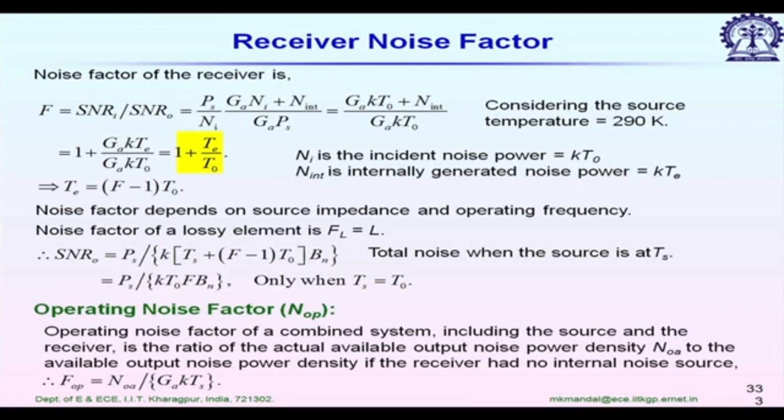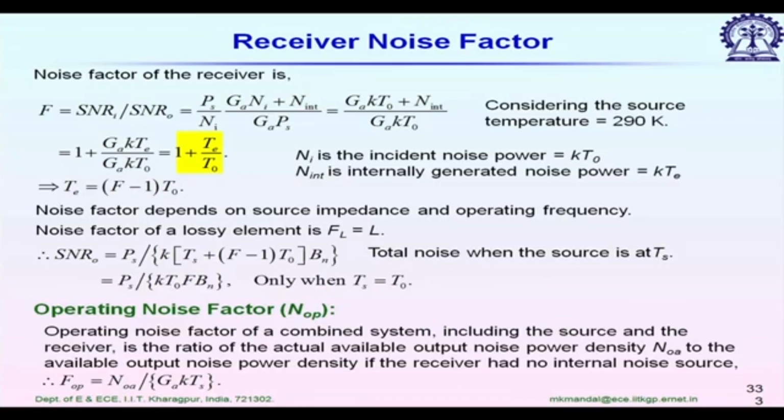So, in this case we are considering the actual temperature, not T naught, so Ts, and then calculating the available noise power density at the output. In the second case, we are recalculating it, but assuming the receiver itself is noiseless. Then we see the effect of the left hand side noise and how it is being transferred to the right hand side. Then we take the ratio.